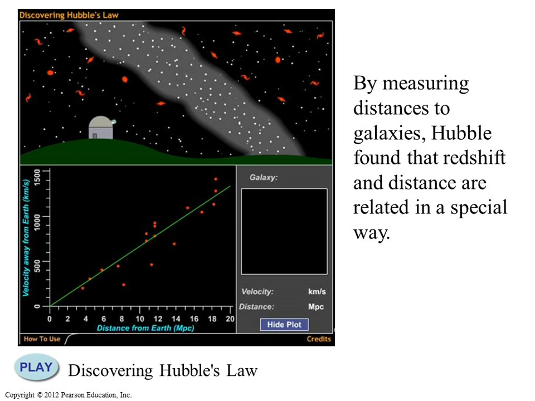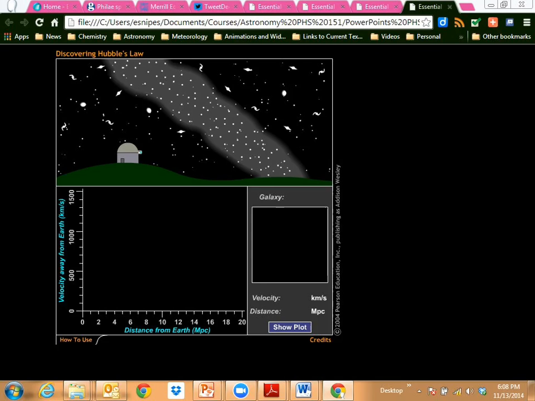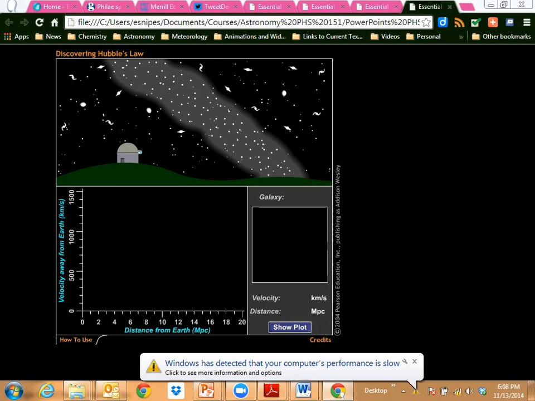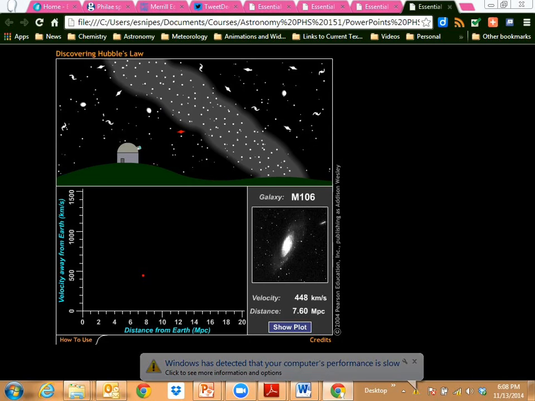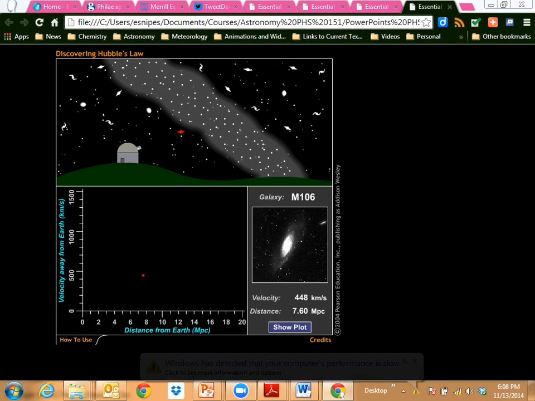So I'm going to show you this animation. It is totally adorable. It gets to the fact that we're looking at an assortment of galaxies, like Hubble did. There's his assortment of galaxies. I can click on any of them. I'll click on that one. There's a little picture of it. It's Messier Object 106.